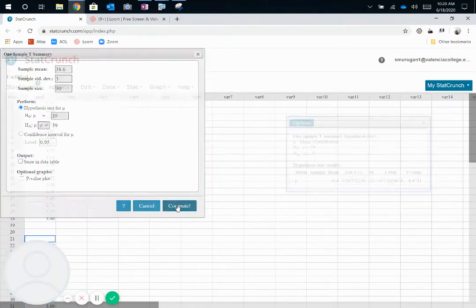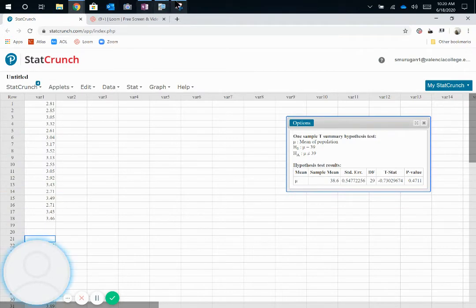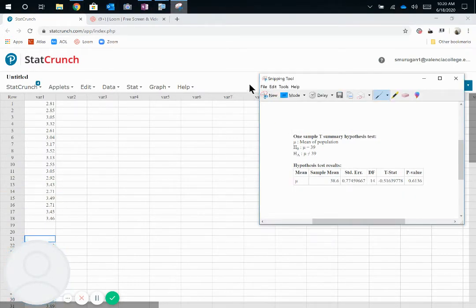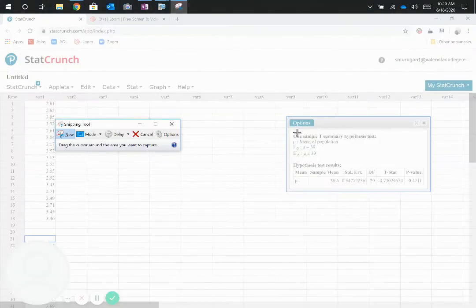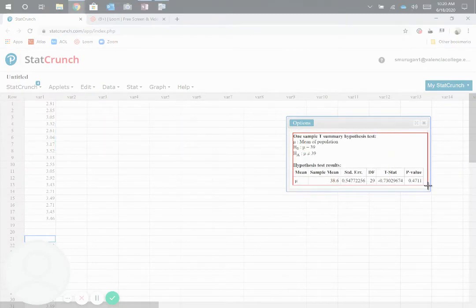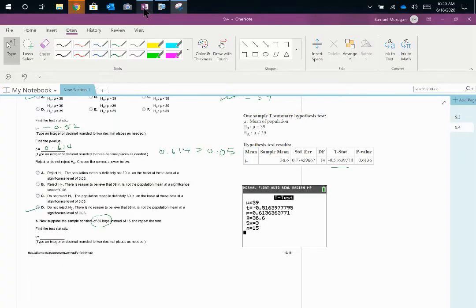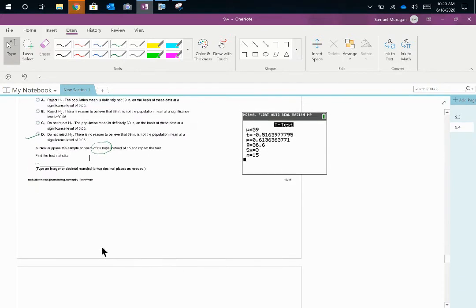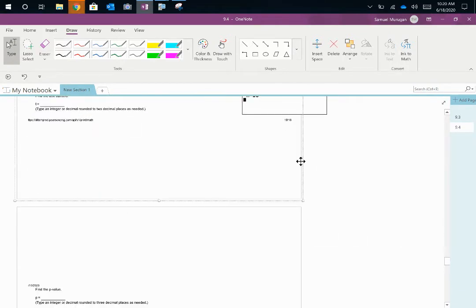And compute it. Copy this. You can stick it over here.